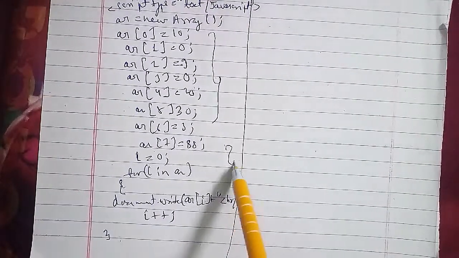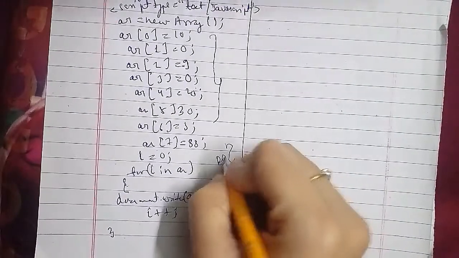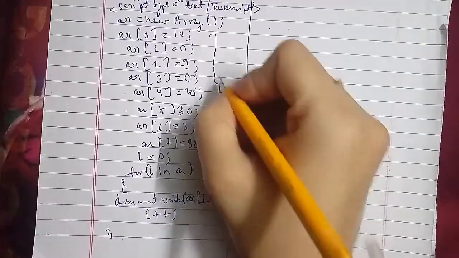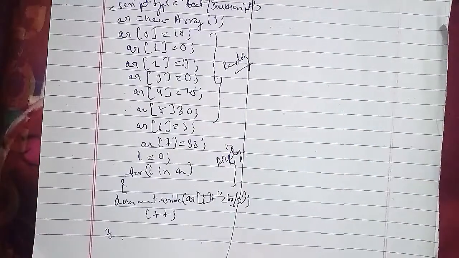Now we'll go ahead with another one: positive count equals to 0, negative count equals to 0 as well.